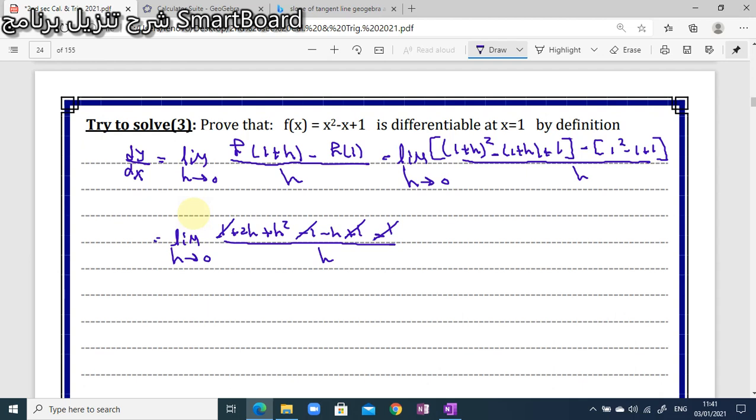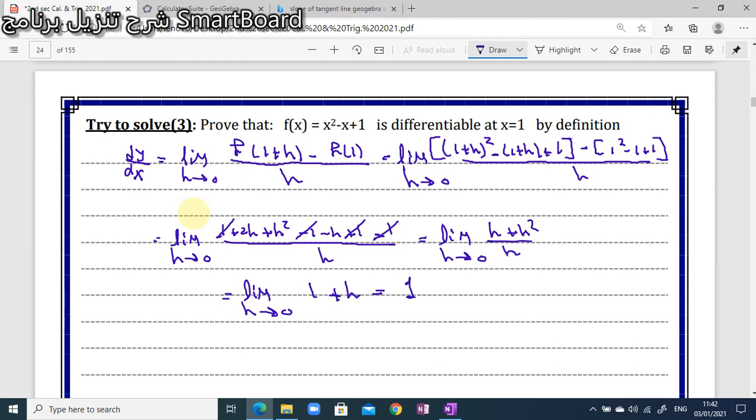So 2h minus h will be h, so the limit as h approaches 0 of (h plus h power 2) all over h, which equals 1 plus h. So when h equals 0, the result will be 1.